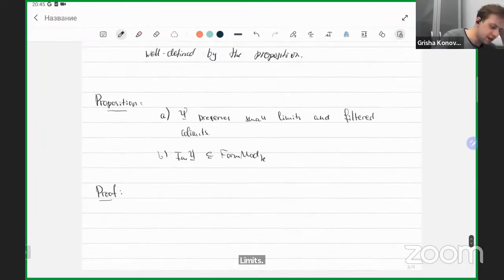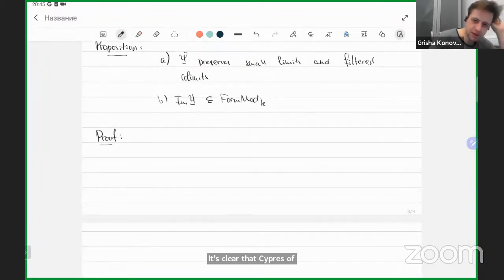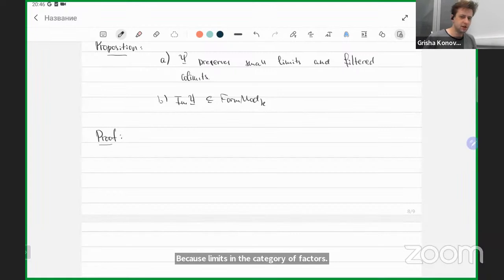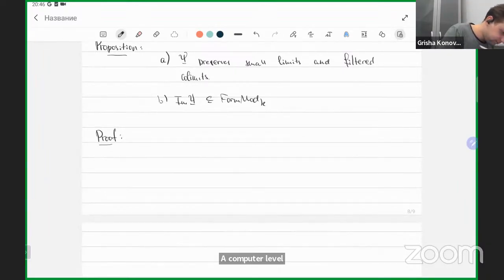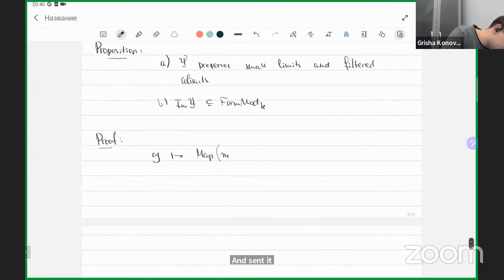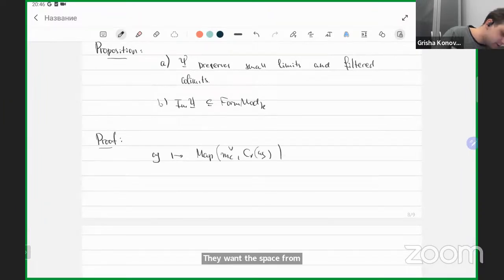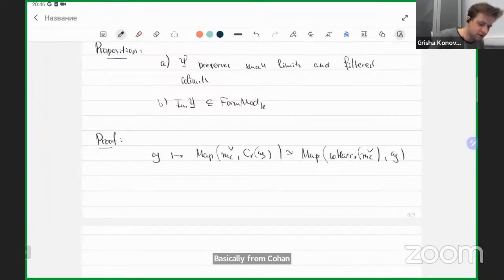It's clear that psi preserves limits because limits in the category of functors to the category of spaces are computed levelwise, and sending a Lie algebra G to the mapping space from Cohar of the dual algebra to G itself preserves limits, obviously. And therefore psi also preserves limits.